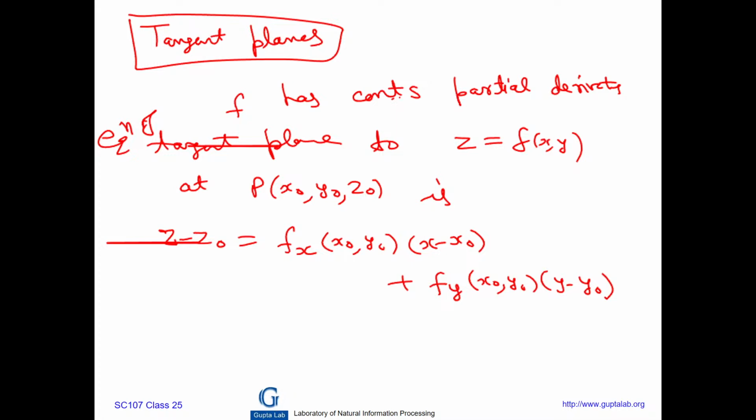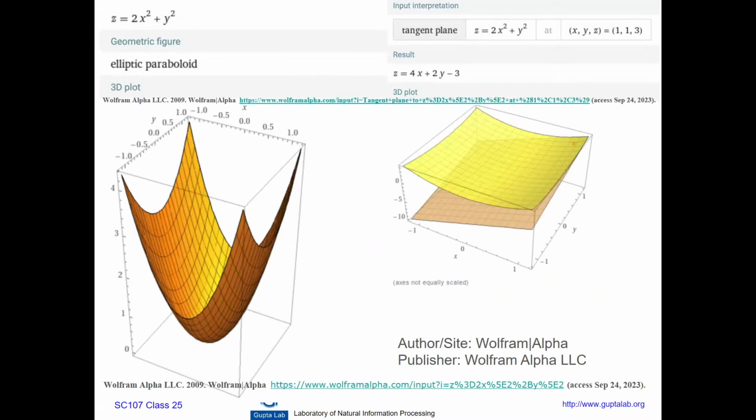So there is a normal definition because you can write it down in terms of two partial derivatives. So you can clearly see the tangent plane here. Z is equal to 2x square plus y square is a tangent plane at the point x, y, z equal to 1, 1, 3 to this elliptic paraboloid. Okay.